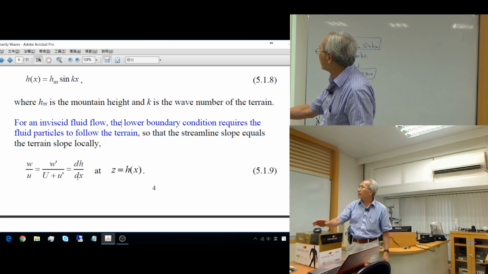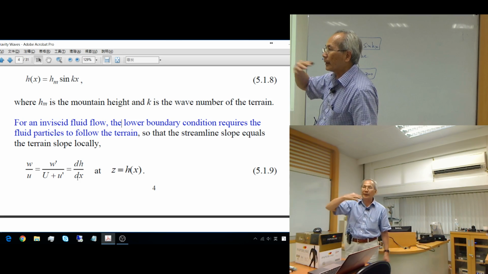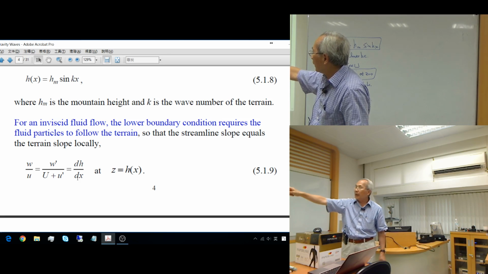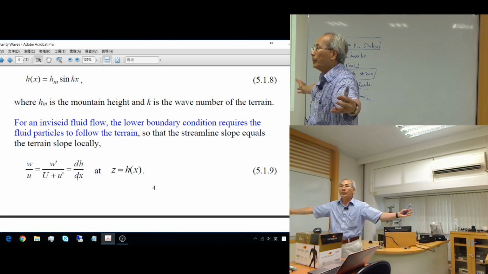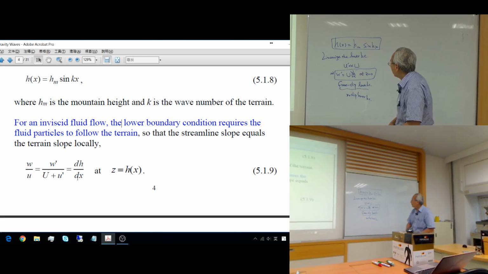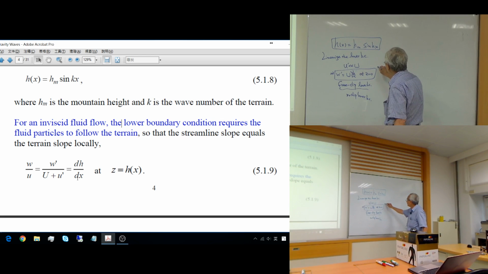Since we assume H is only a function of the x direction, we have dH/dx. If H is three-dimensional, then we use partial H partial x. So for 2D, we have w prime equals U dH/dx at z equals 0.